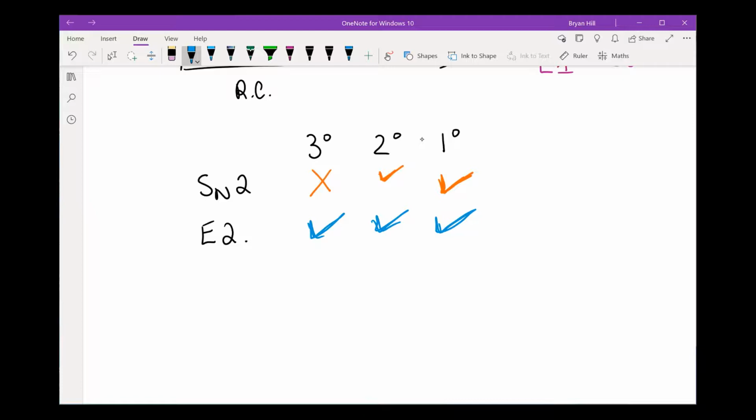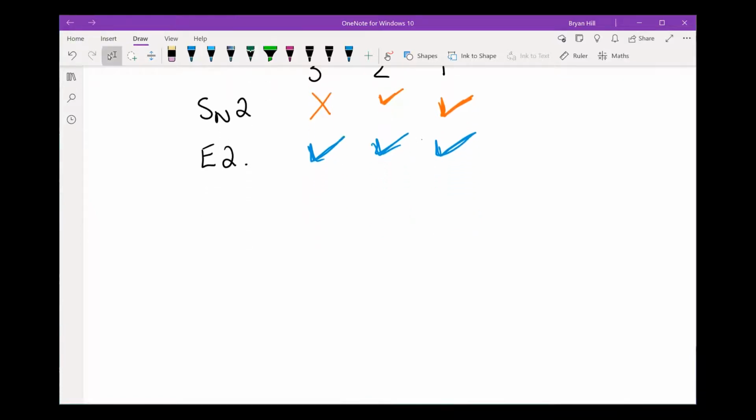So let's look at some regiochemistry here. So let's say that we have a secondary alkyl halide like this. If we do an E2 elimination reaction, there's 2 possible products that you can form. You can remove one of the protons from this carbon here to give a double bond here, so the least substituted.